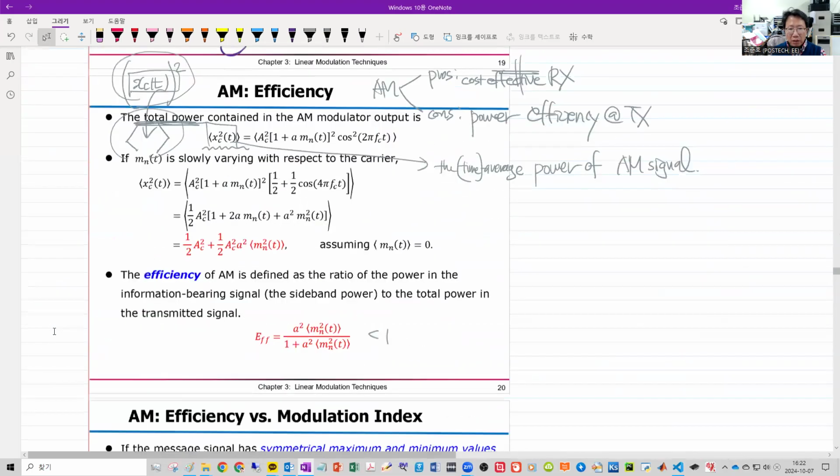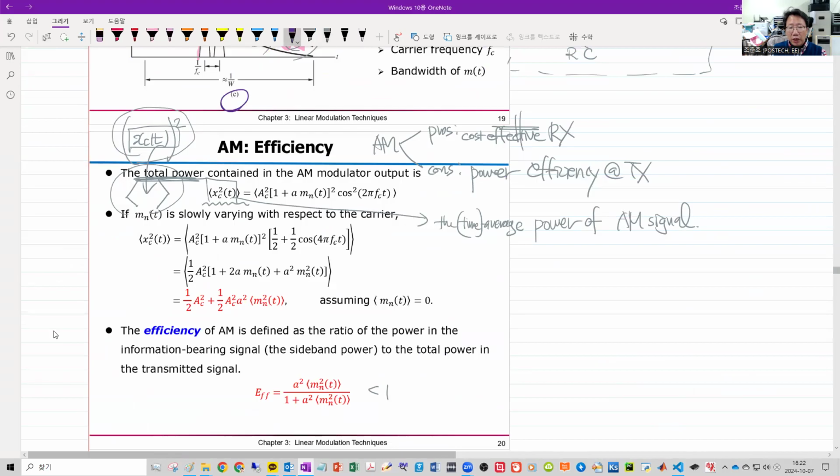So we have what? We have xc of t that equals Ac cosine 2 pi fct plus Ac a mn of t cosine 2 pi fct. Got it?